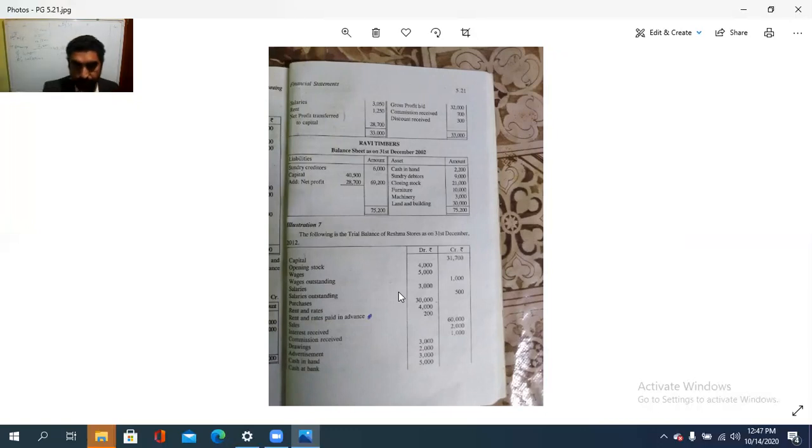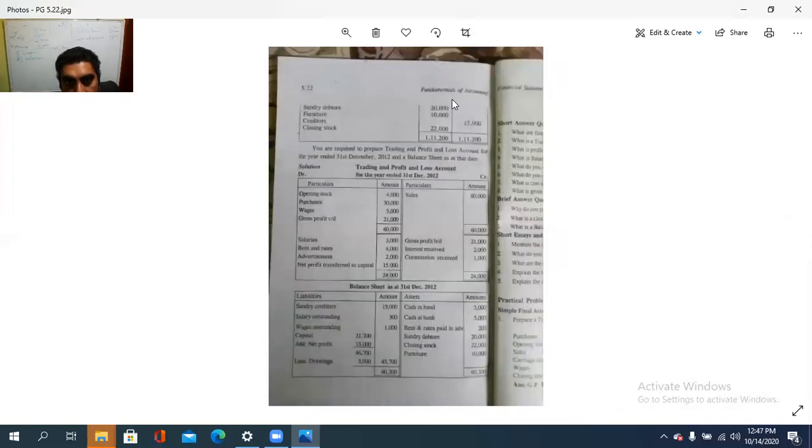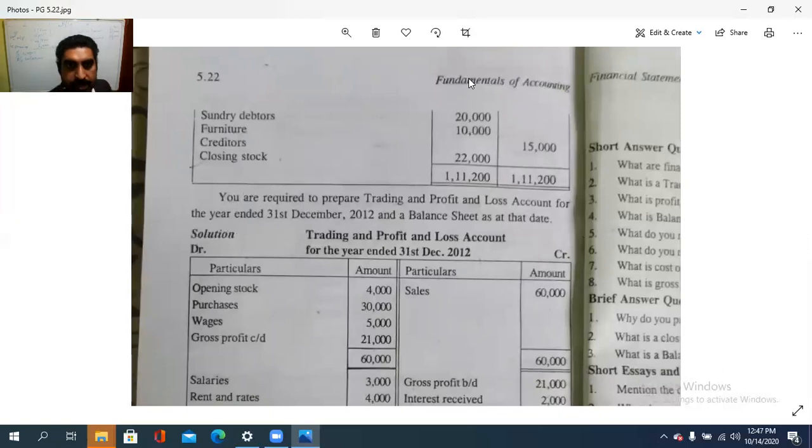Then cash in hand, 3,000. Cash at bank, how much is it? 5,000. Then sundry debtors, 20,000.